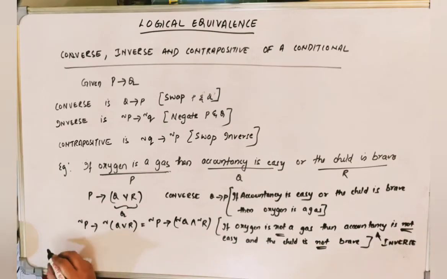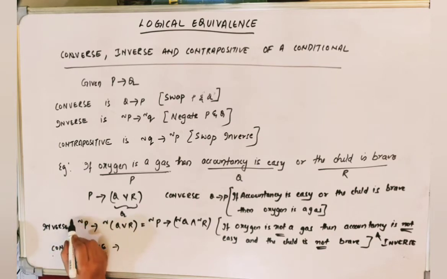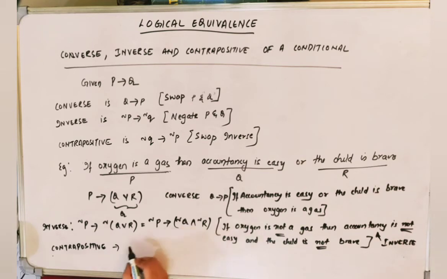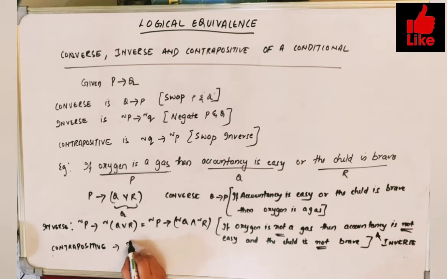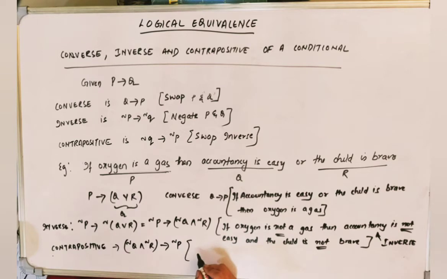What is the contrapositive? Contrapositive is nothing but just swapping what we've gotten in the inverse. This is the inverse. Let's swap this. We just have to take this symbolic notation and swap it. So it will be not Q and not R, conditional on not P. Now let's write it in verbal form.